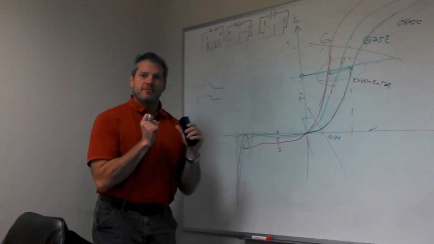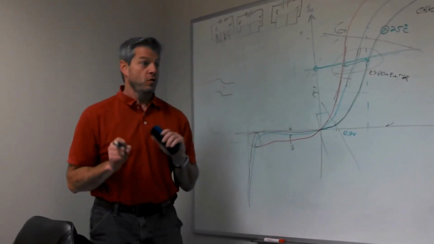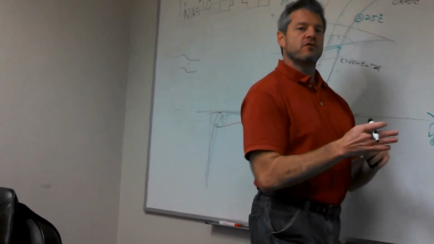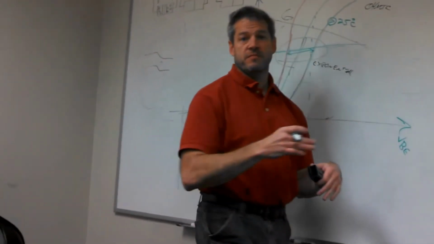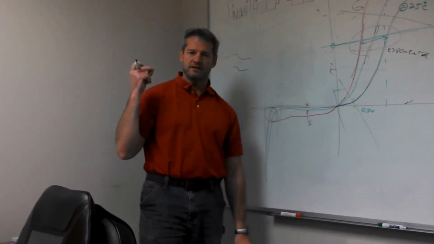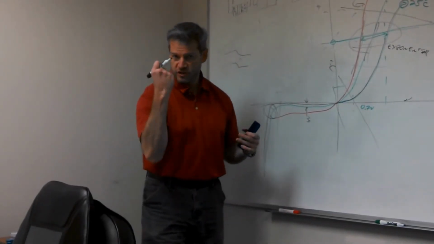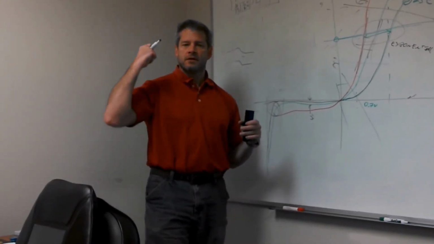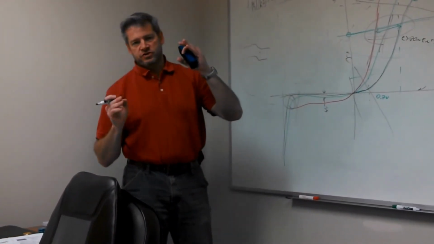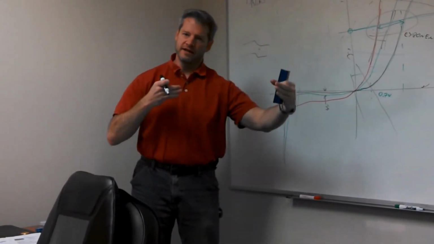So I'm a hot little electron and I need to do something, and I'm going to jump over here to this neighbor. Well, I can keep going only so far in a certain amount of time. So that's my diffusion time, and my lifetime is a statistical probability that I'm going to get trapped by a hole and stay there. So diffusion speed and diffusion time give a diffusion length.